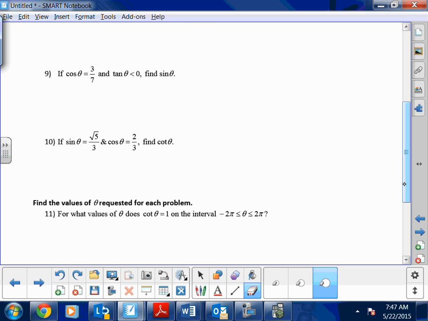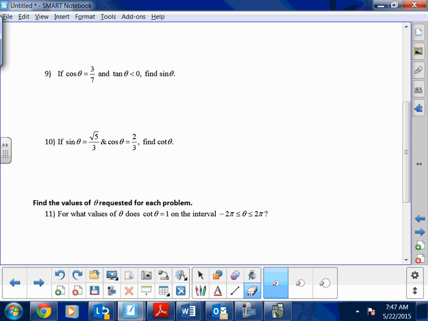Question 9 wants to know if cosine theta is 3/7 and tangent theta is less than 0, find the sine. So they're telling us a couple of things here. First of all, tangent theta is only negative in certain locations.